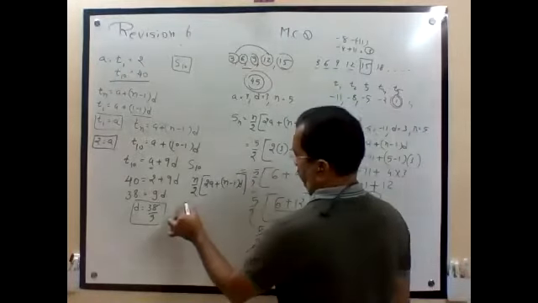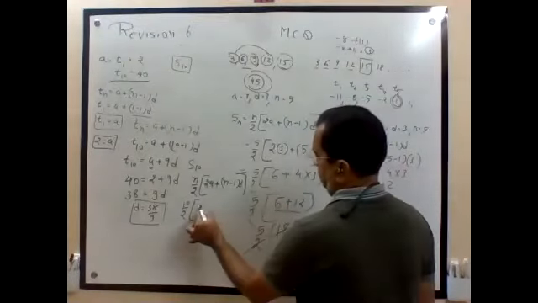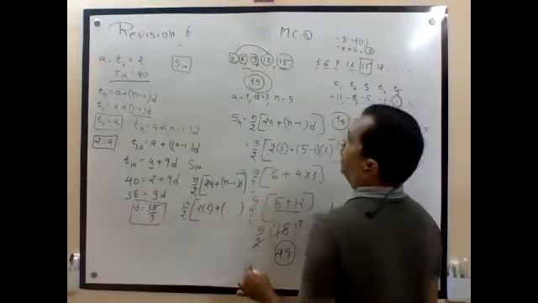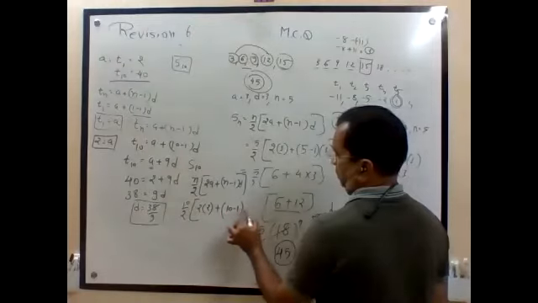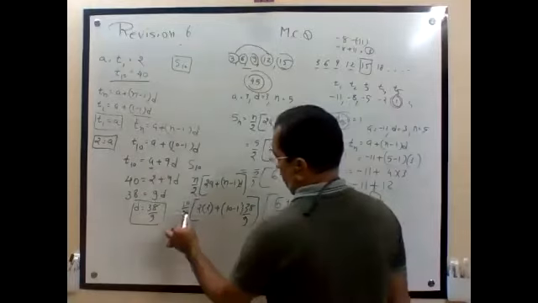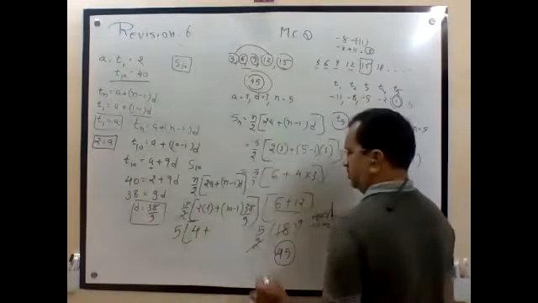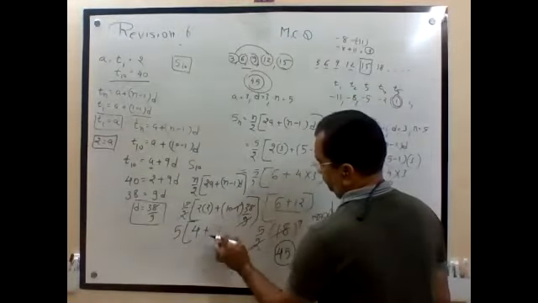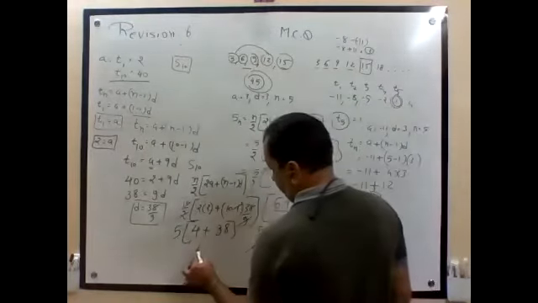Now we want n equal to 10: 2A, and n minus 1, that is 10 minus 1. This is 38 by 9, and the 5 and the 9 cancel. 38 plus 4 is 42.